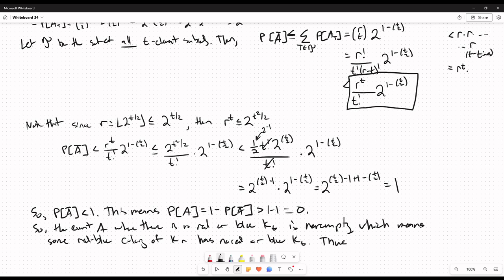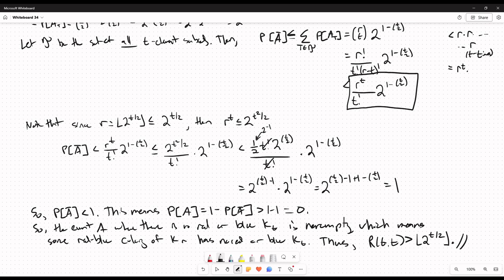Thus, we can say that R of T, T is strictly greater than the floor of 2 to the power of T over 2. There we go. So we proved that there must be some red-blue coloring of Kr that has no red or blue KT just by proving that the probability that there was at least one red or blue KT was less than 1.